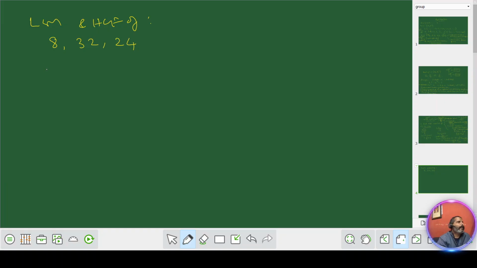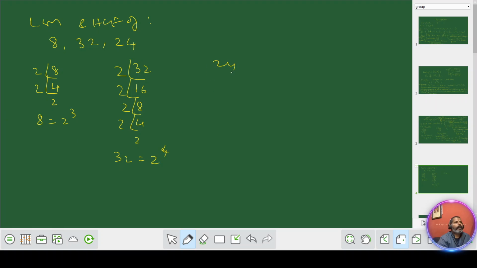First find the factors for 8: 2 fours are 8, 2 twos are 4, so 8 is equal to 2 cube. 32 is 2 to the power 4. For 24, the factors give 24 equal to 2 cube into 3.